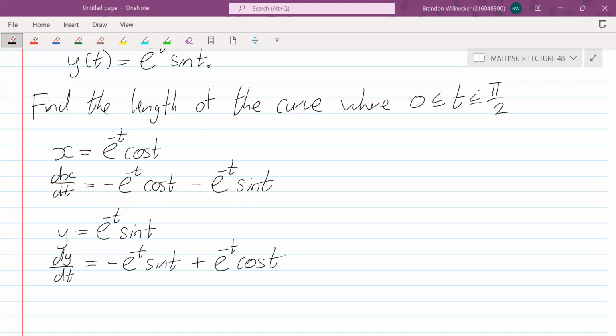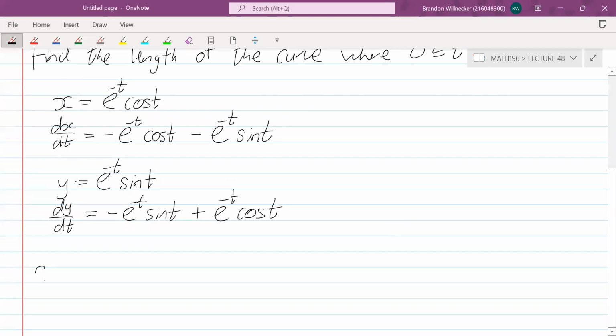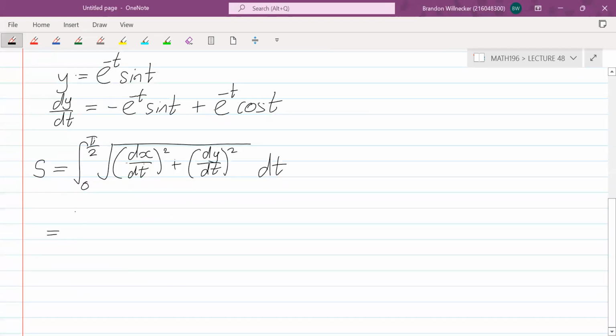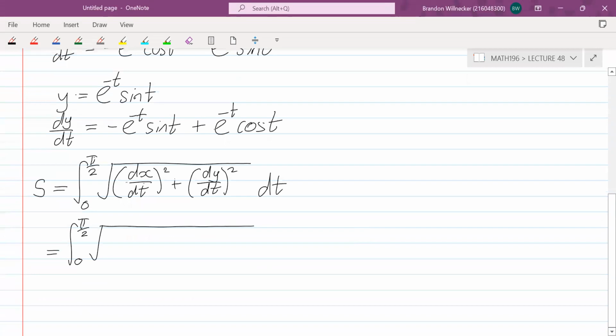Now we need to substitute into our integral. The length of the curve S is going to be the integral from 0 to pi over 2 of the square root of dx by dt squared plus dy by dt squared, integrated with respect to t. So we're going to have the integral from 0 to pi over 2 of the square root of dx by dt squared.